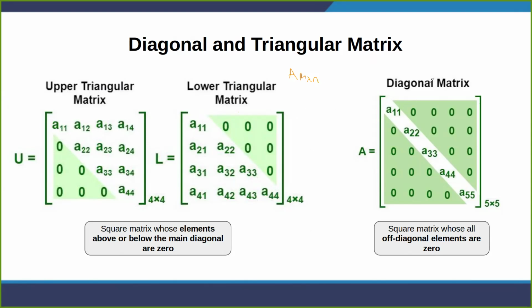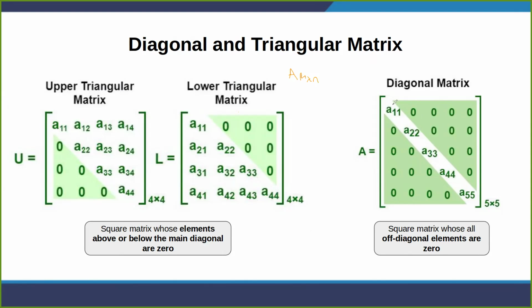So what is a diagonal matrix? A diagonal matrix is kind of the opposite of the identity matrix. So you can say here A11, 22, 33, 44. This is like a 5 cross 5 matrix, and in this you can see the diagonal elements. In the identity matrix they will be 1, and the rest will be all 0.